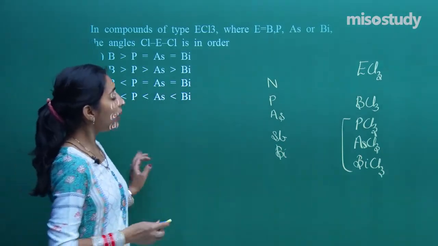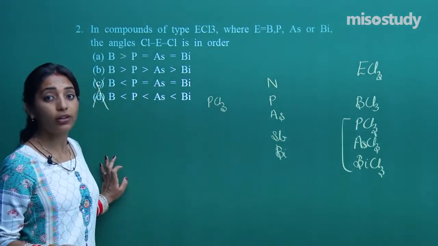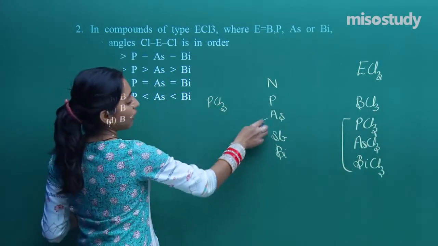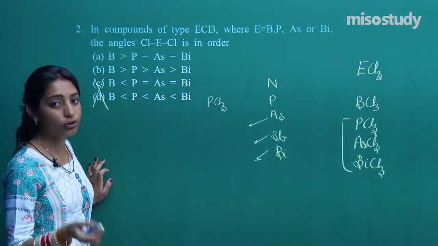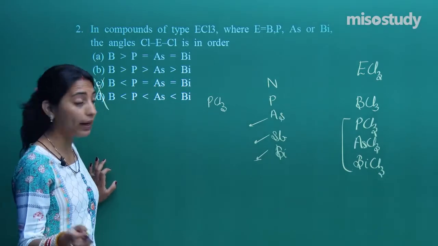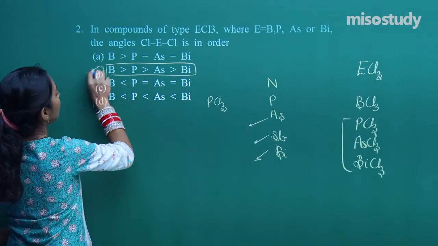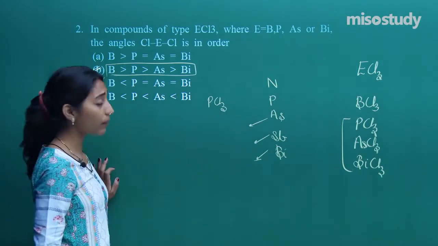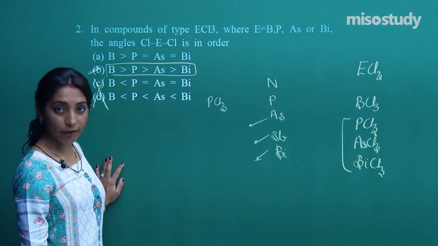So the PCl3 so formed will be nicely hybridized and will have a higher bond angle. But in the case of AsCl3, SbCl3, BiCl3, there is little less hybridization, so the bond angle will also not be too high. So we will say boron will be greater than phosphorus, greater than arsenic, greater than bismuth. So once again option B will be the correct option for this question.